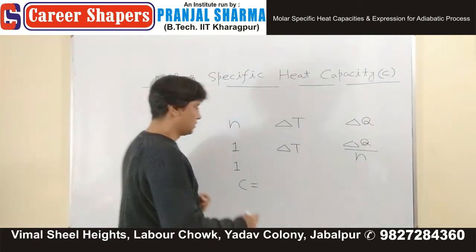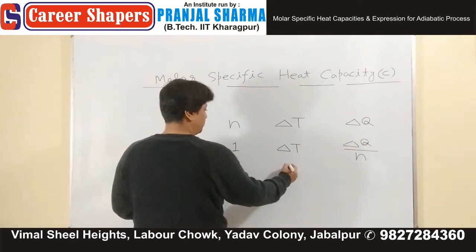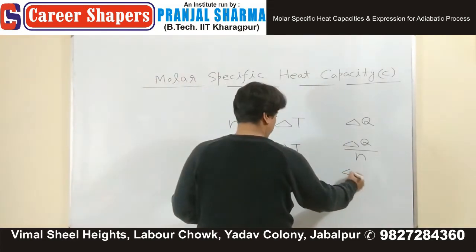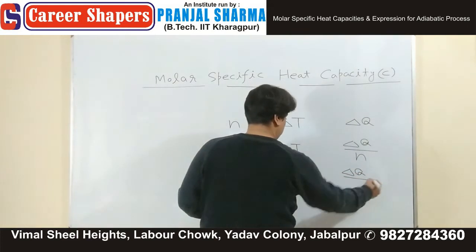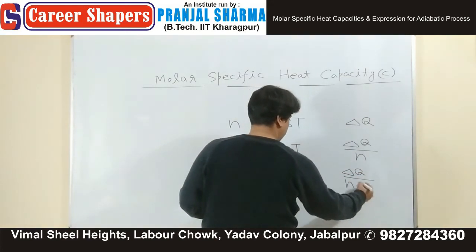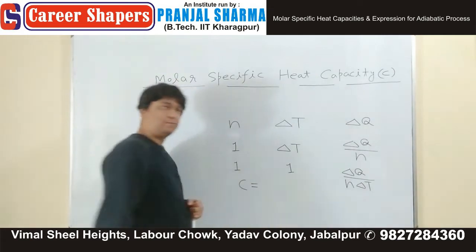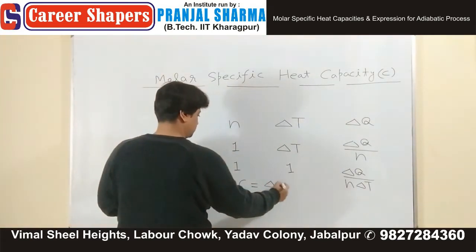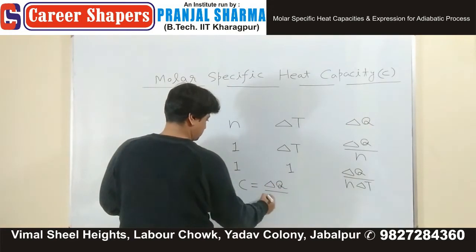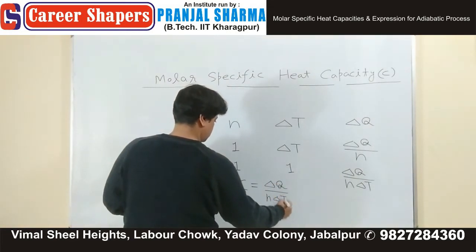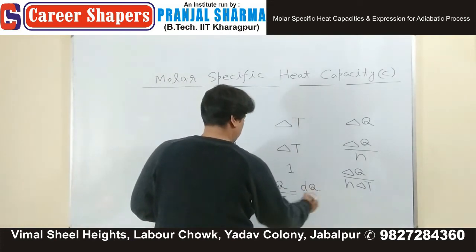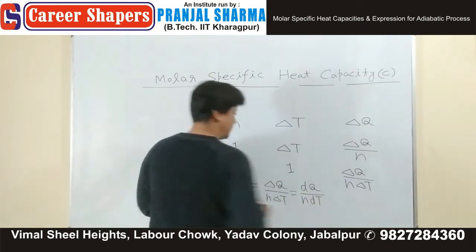And therefore, for 1 mole, if you change the temperature by 1, heat supplied will be delta Q upon n delta T. That's your C: dQ upon n dT.